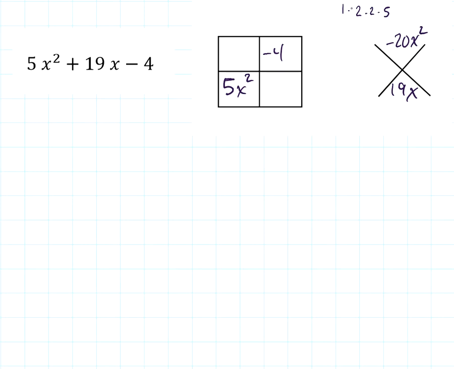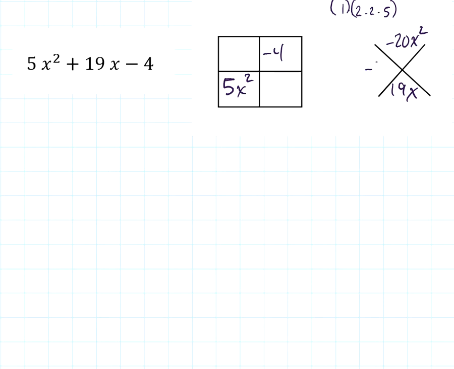Basically, that's the prime factorization of 20. One of the two terms is going to have to be negative to produce a -20. In this case, I'm going to group all of them together except for the 1. So these three will be together. I've got a 20, and right here I've got a 1.